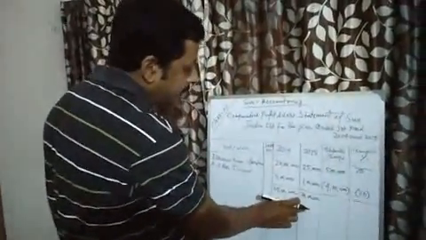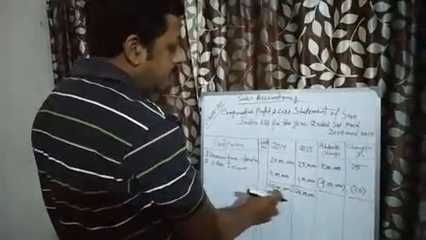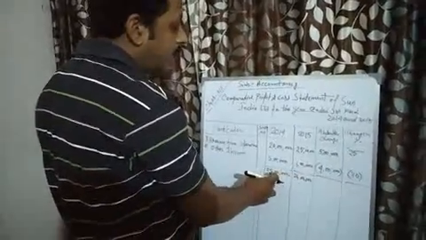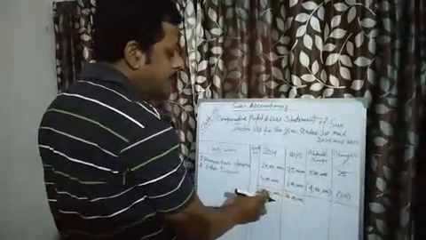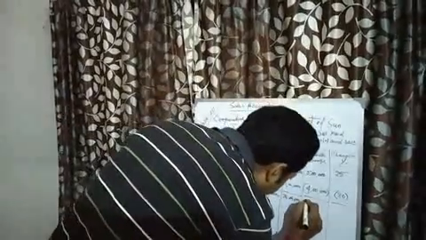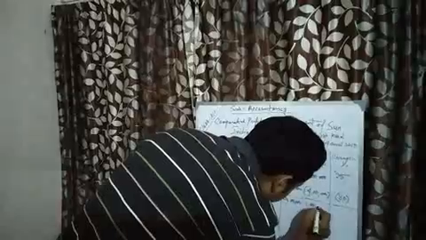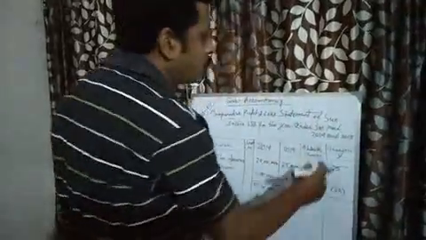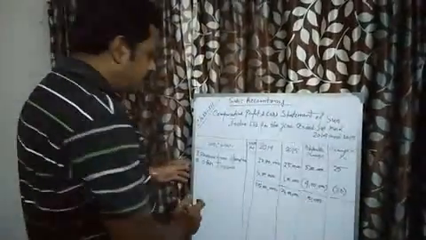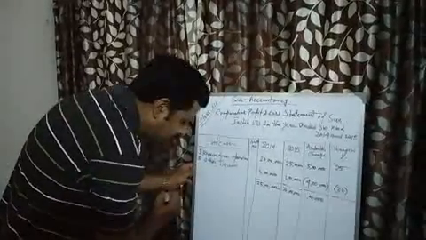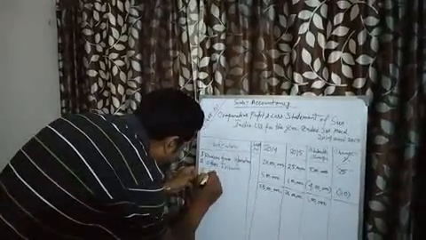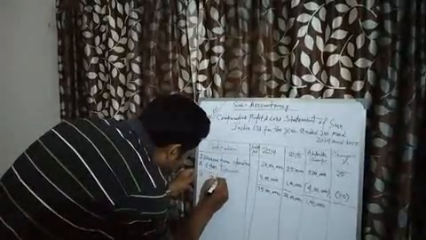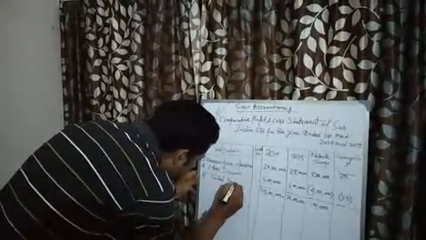If you take this figure also, there is a change of 1 lakh, that is current year figure minus previous year figure, that is 1 lakh. Then again you have to do the total. That is actually total revenue.